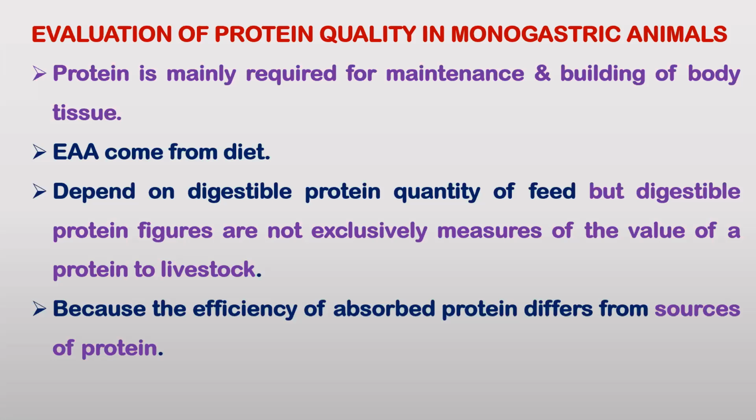Digestibility of the protein decides the requirement of the protein, you can say. Because the efficiency of digestion and absorption of different kinds of protein is different, this is also one of the factors which affect protein quality and evaluation in monogastric species. Digestibility of protein varies with the type of the protein, type of the diet, and source of the protein.